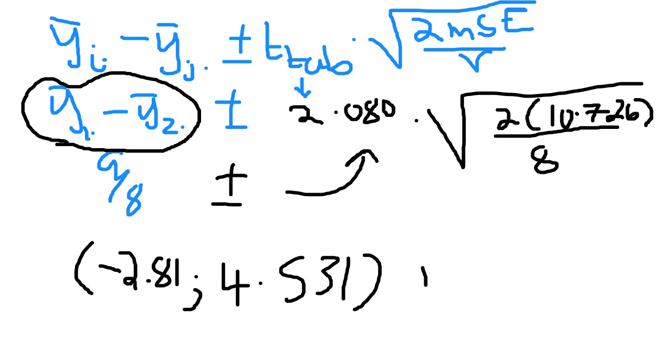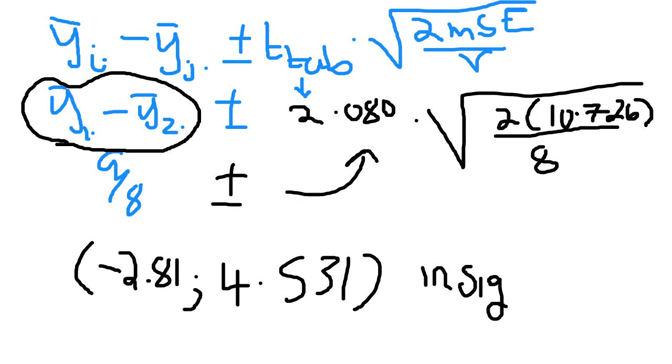So no difference. Can you repeat that, Christopher? If the confidence interval includes 0, it means there is no difference between the treatment means. If it does not include 0, the two means are not the same. If the confidence interval includes 0, like ours here, the two means are the same.